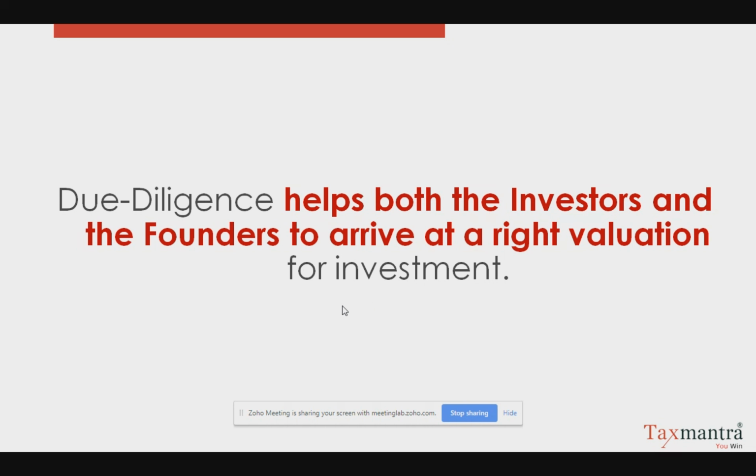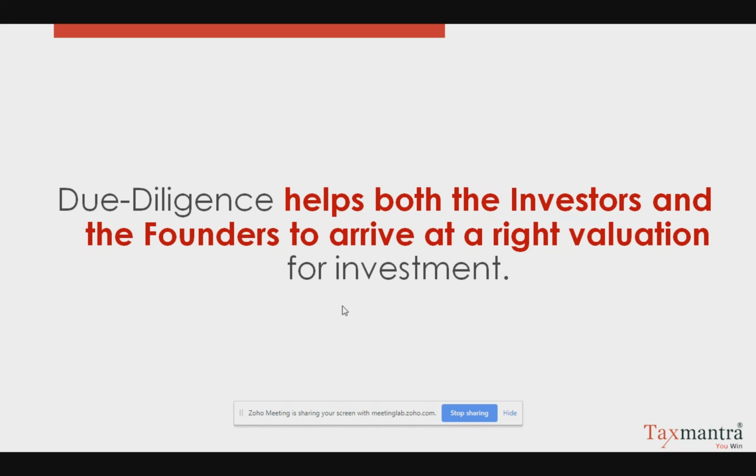From the investor's point of view, it might happen that the company and the founders have not complied with some part of things. And at that point of time, the investors, to protect their rights, can say that I am ready to put in the money into the company, but I would not like to put in the money at this much valuation, and I would give a little lower valuation if the compliances are not in place.